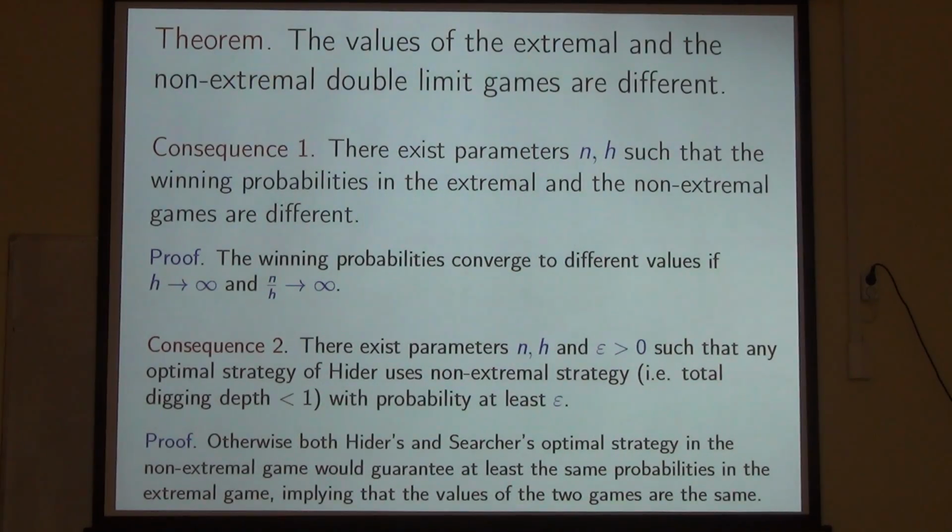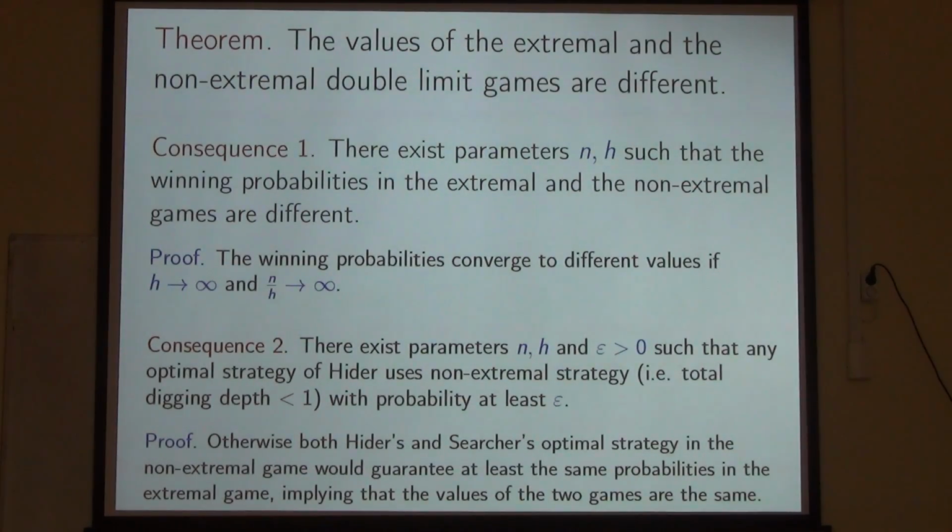So the way to prove it is, first we prove that the two games, the extremal and non-extremal games, have different values, different winning probabilities. Therefore, due to the convergence, there are finite parameters for which these values are different, because they converge to different values.